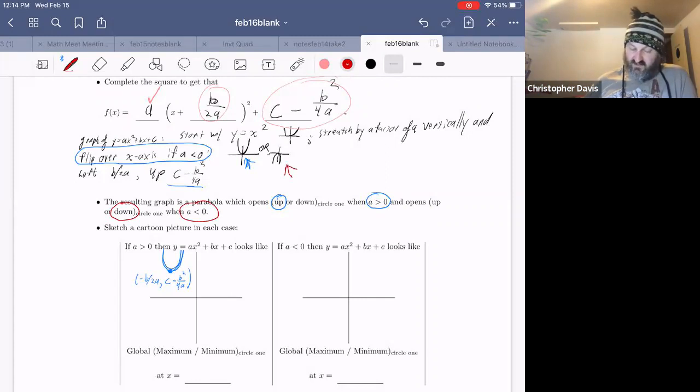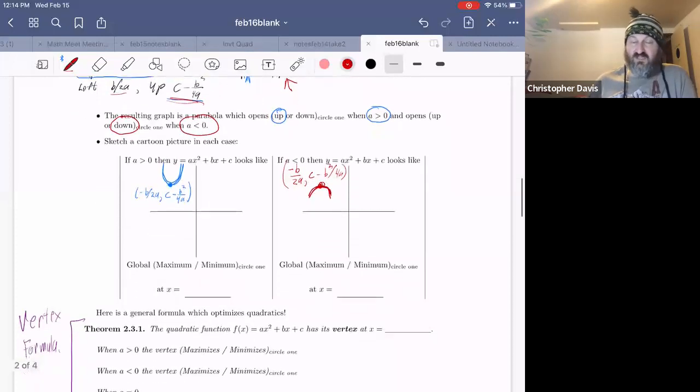And so we'll start with that downward opening parabola. We'll go left b over 2a, up by c minus b squared over 4a. So you'll end up at the same point, negative b over 2a, comma, c minus b squared over 4a. And the parabola will open generally downward.